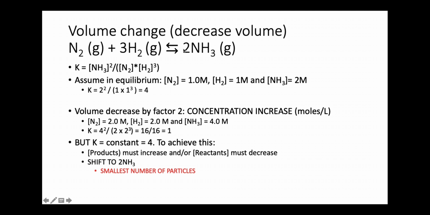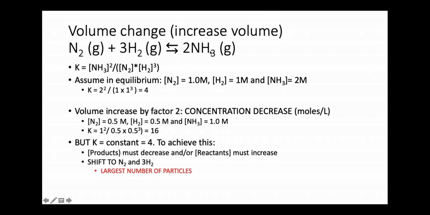On this side I have 2 particles, 2 NH3. For reactants, I have 4 particles. So we can say when we decrease the volume, my reaction shifts to the side with the smallest number of particles. Decrease volume, shift to the side with the smallest number of particles.